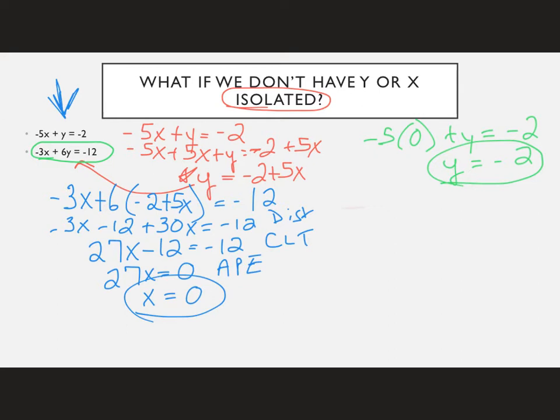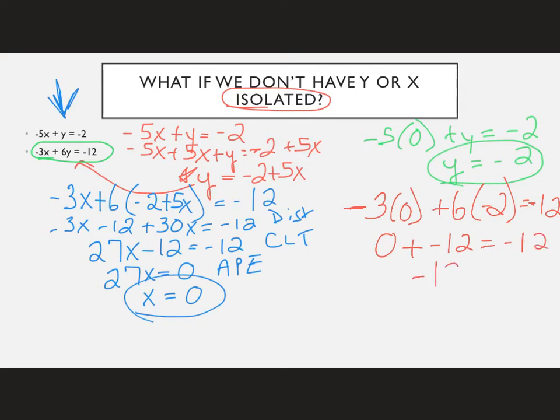Negative 3 times x, which is 0, plus 6 times y, which is negative 2, equals negative 12. Negative 3 times 0 is 0, plus 6 times negative 2 is negative 12, equals negative 12. Yes, negative 12 does equal negative 12. That means my answer is my x value, 0, comma, my y value, which is negative 2.